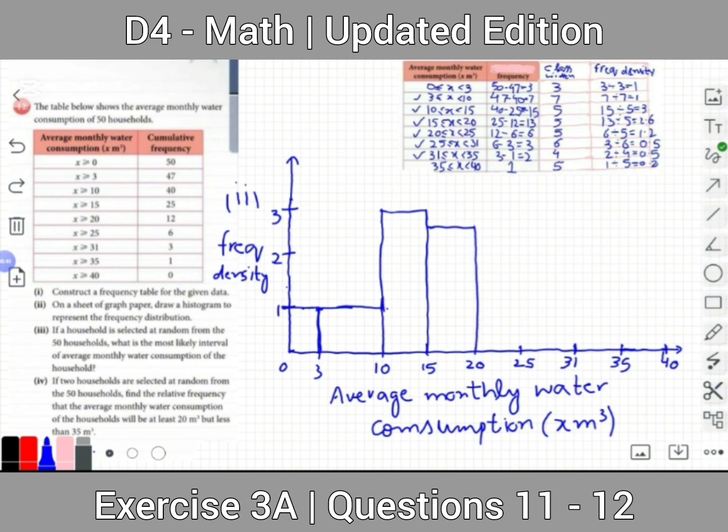Now for the class interval 20 to 25, we will draw a bar of the height 1.2. So here we have 1.2 somewhere here. Now for the class interval 25 to 31, we will draw a bar of the height 0.5.